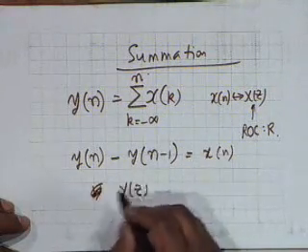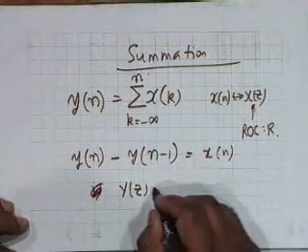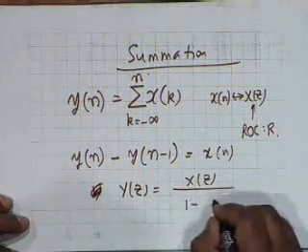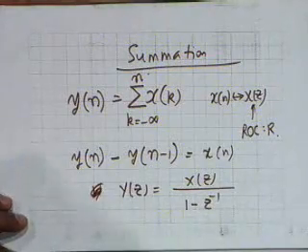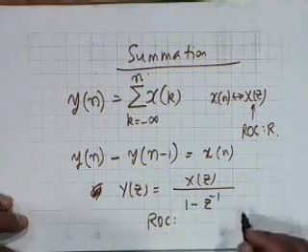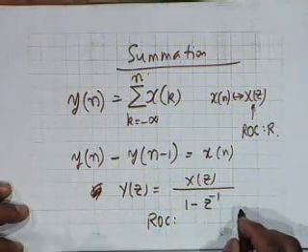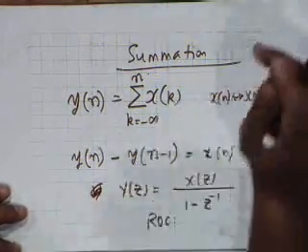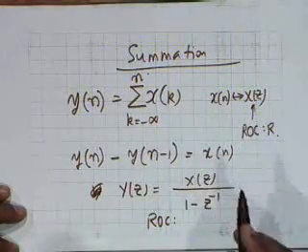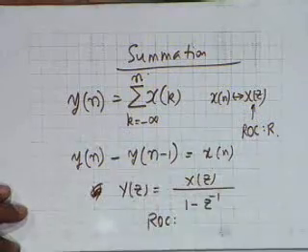If I take the Z transform of both sides, capital Y of Z shall be simply capital X of Z divided by 1 minus Z inverse. What about the ROC? It's a multiplication of two Z transforms. One is capital X of Z and the other is 1 by 1 minus Z inverse.